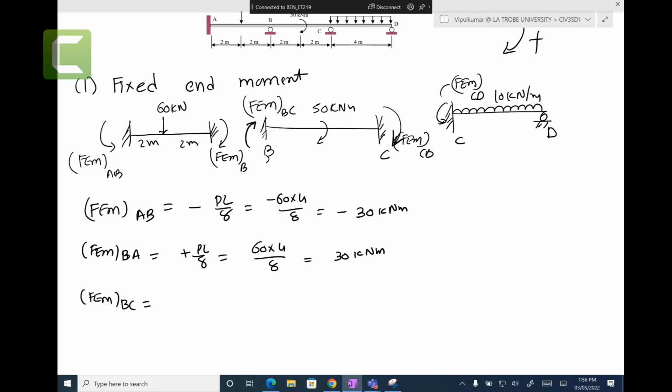If you take moments here, let's say 60 times 2, I think I need to do more investigation on fixed end moments and see how they derive these equations. Let me come back to you, because these are tables that we just give to you. I think I sort of get it, but I don't think the way I'm thinking.